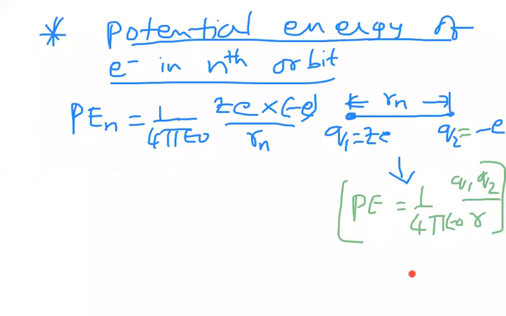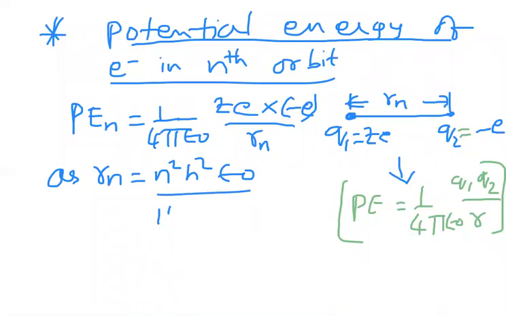So now I am substituting that here, and I also have the Rn value. What is the Rn value? n square h square epsilon naught by pi m Z e square. So in the place of Rn, we can replace this term.